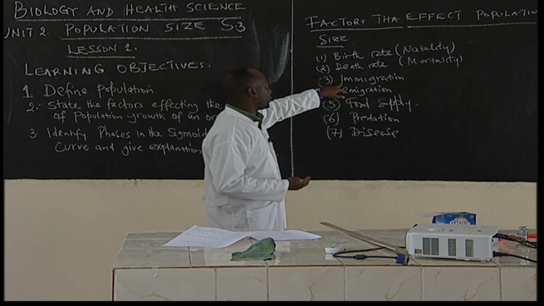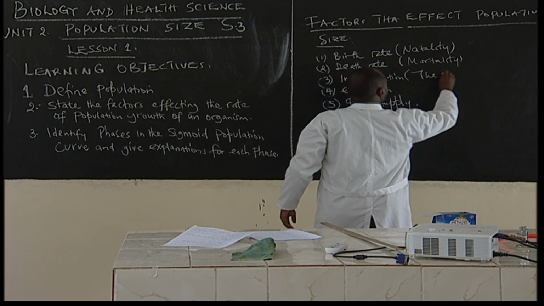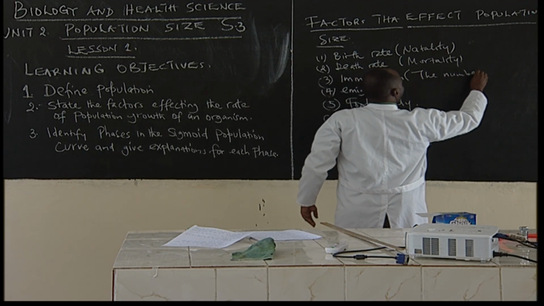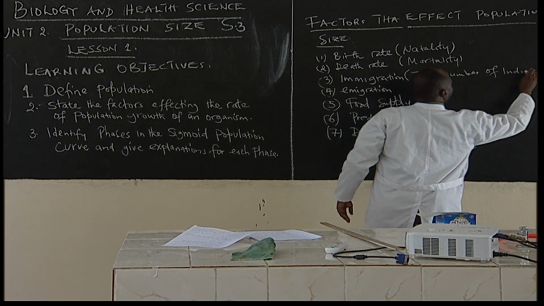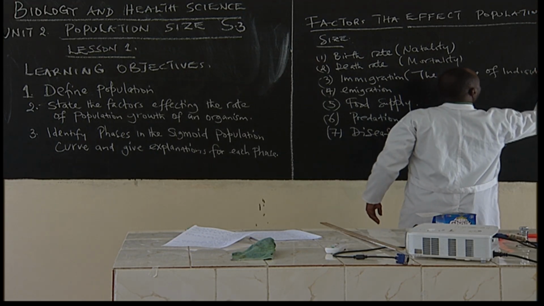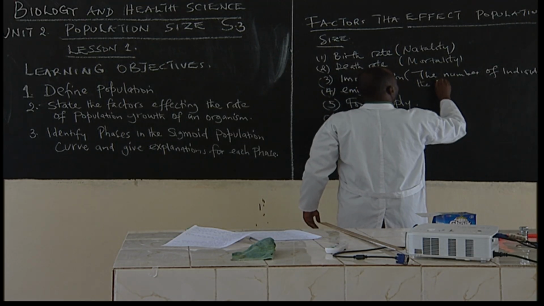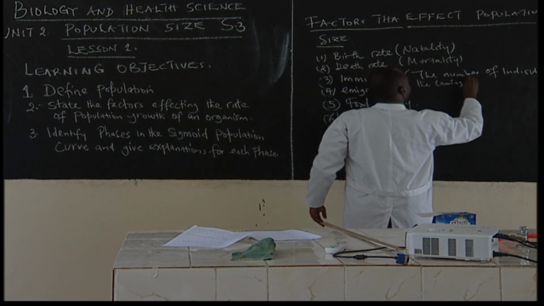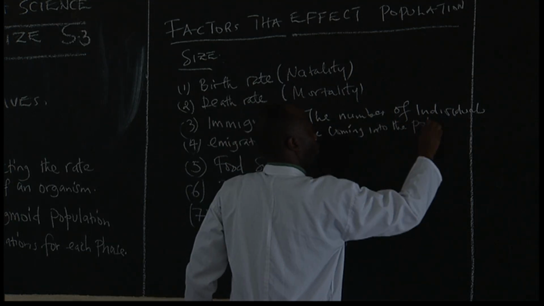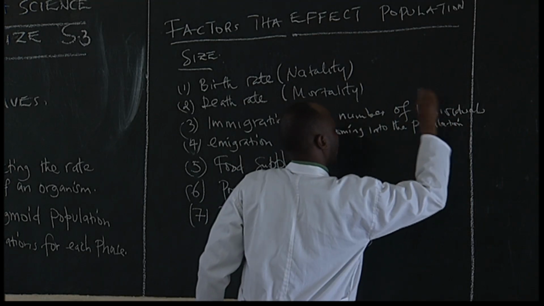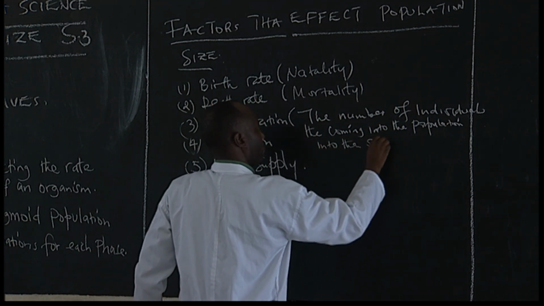We have immigration. I said immigration refers to the number of individuals that are coming into the population or into the specific area.